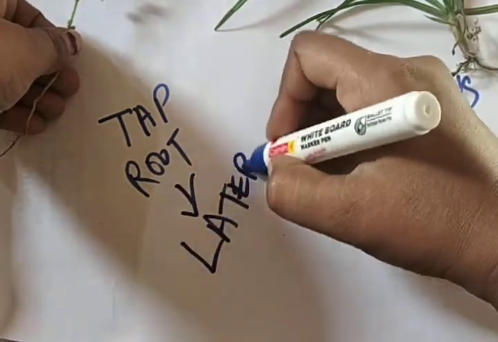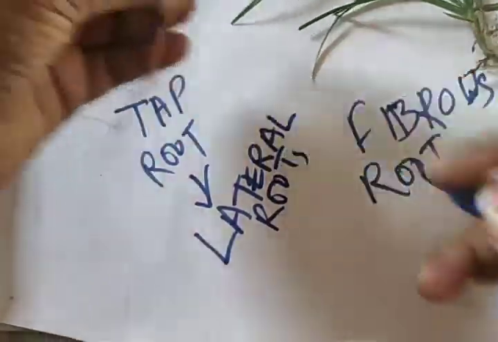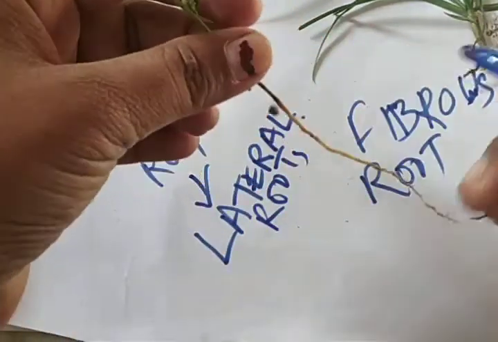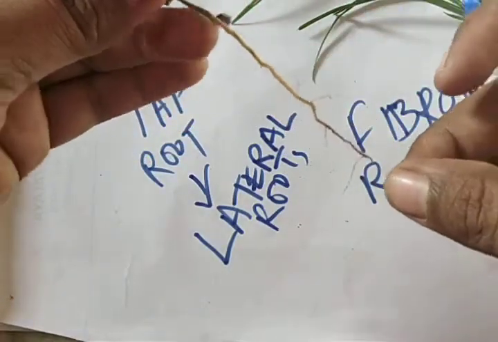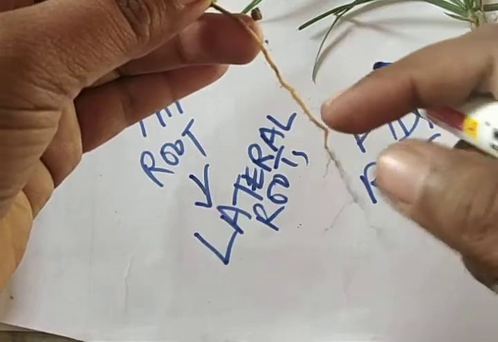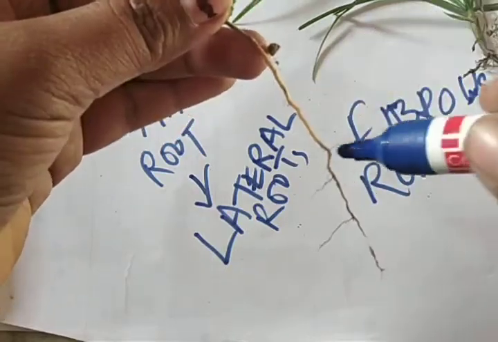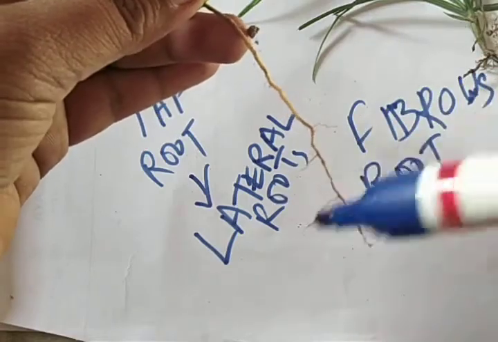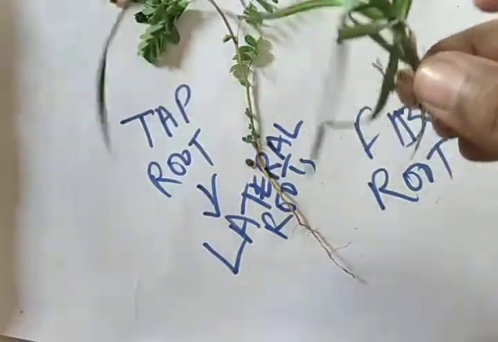You will find lateral roots. Okay, so look, this is tap root. The main root is tap root, and here you can find so many branches. Okay, these are lateral roots. This one is one lateral. These are lateral roots.